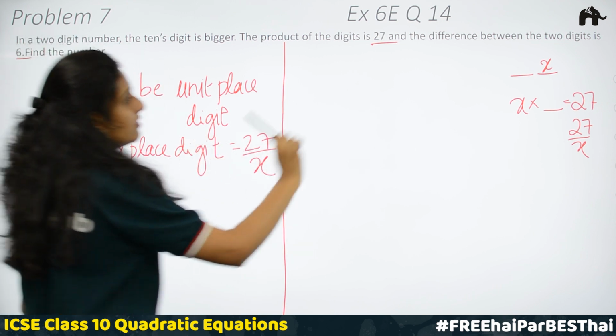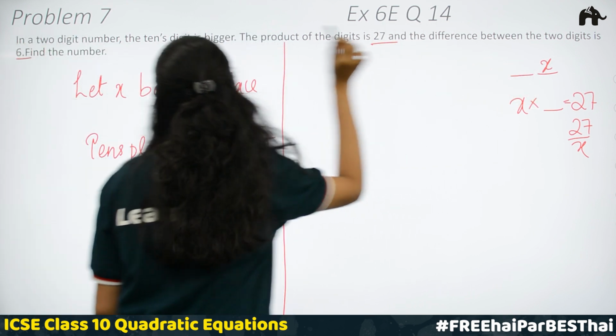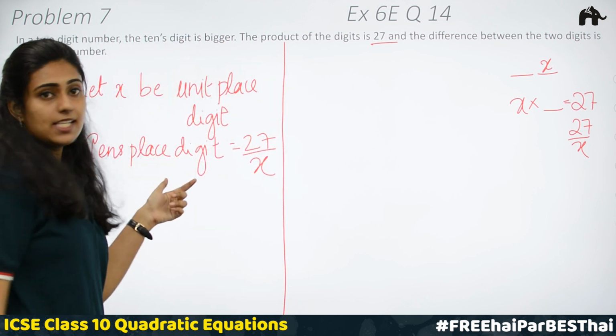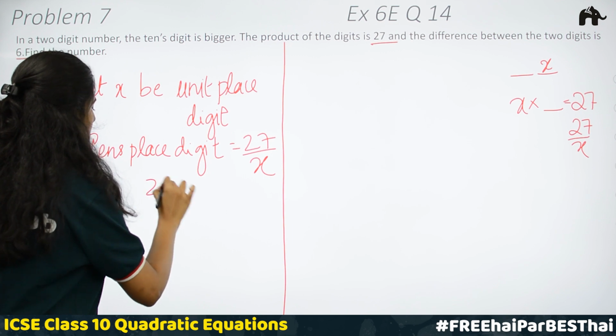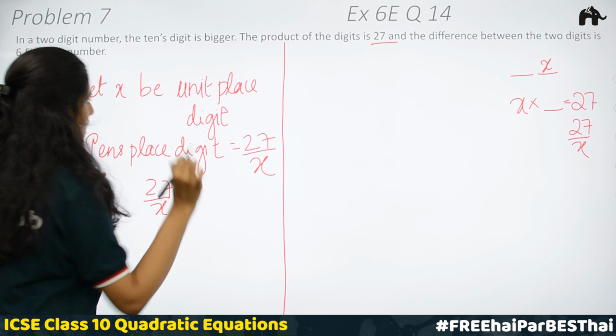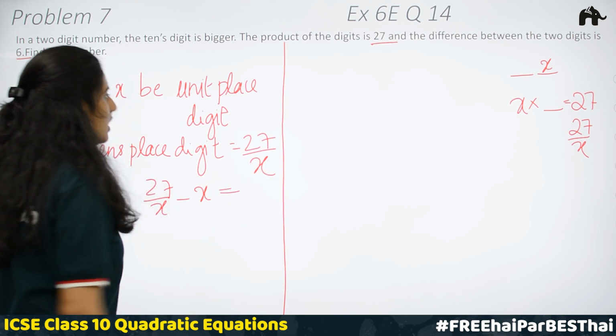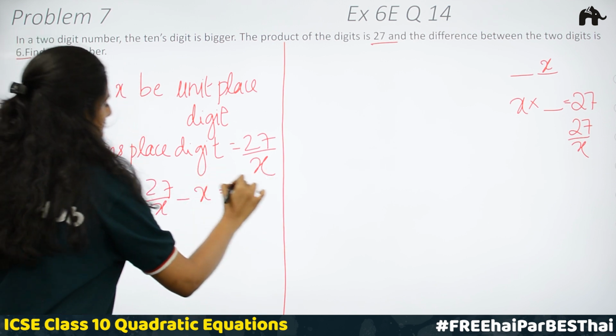Now, it is given that the difference between the two digits is 6. Here, bigger number is the tens place digit. Tens place digit minus unit place digit, that is x, will be equal to 6.